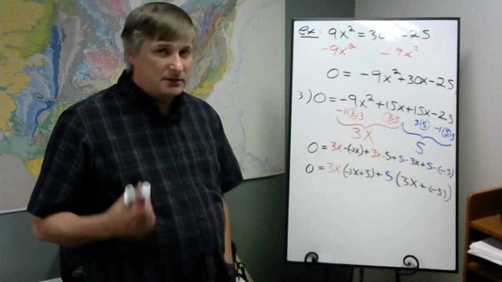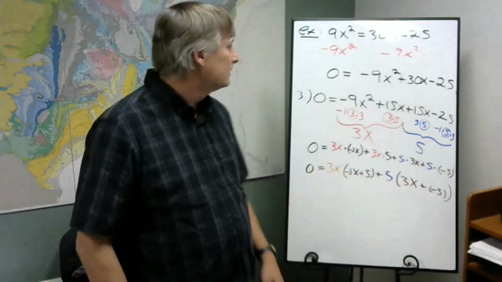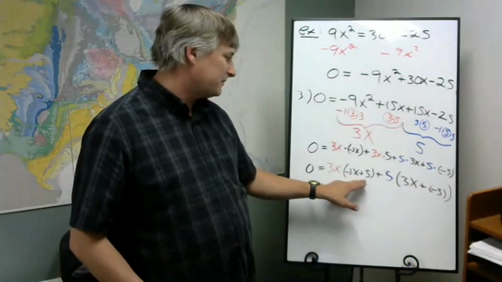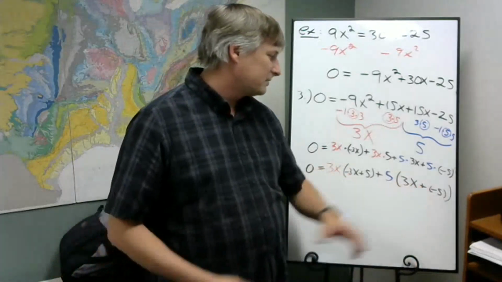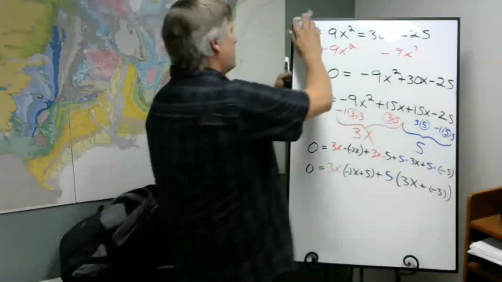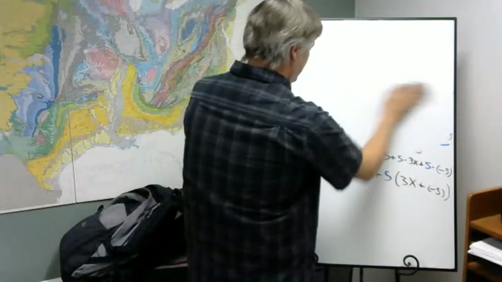Now, it's very tempting to say, well, factor out what's in common between the two groups. But here's the thing. This is -3x plus 5. This is 3x plus -5. Or if we want to rewrite it, we can do this.